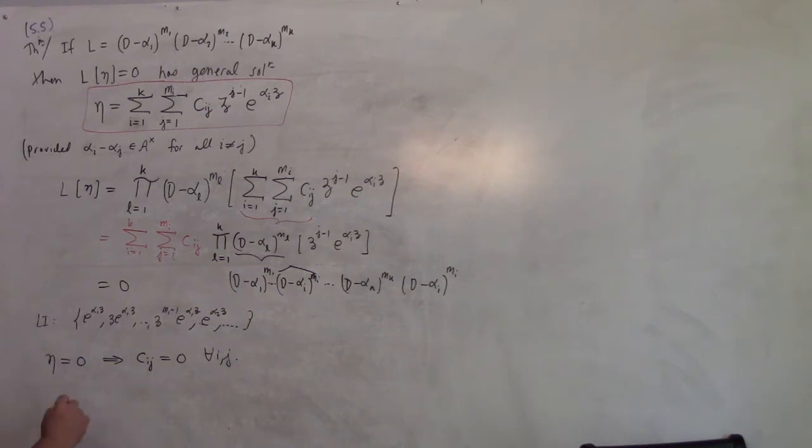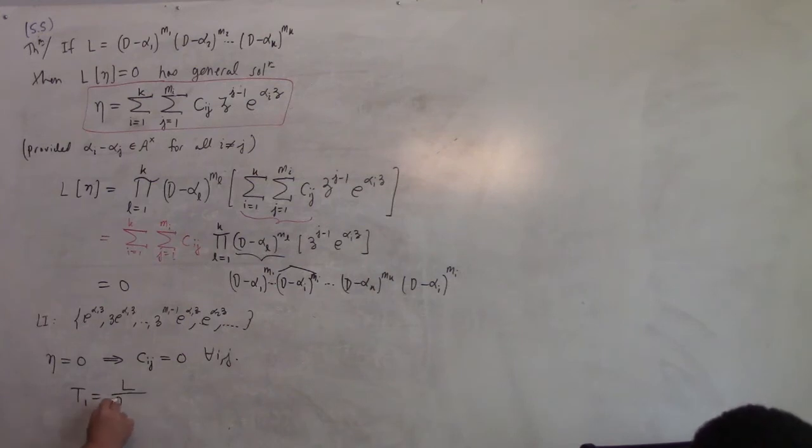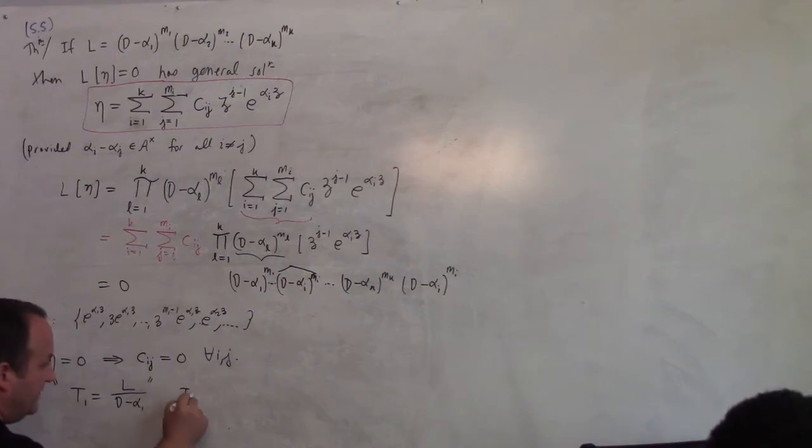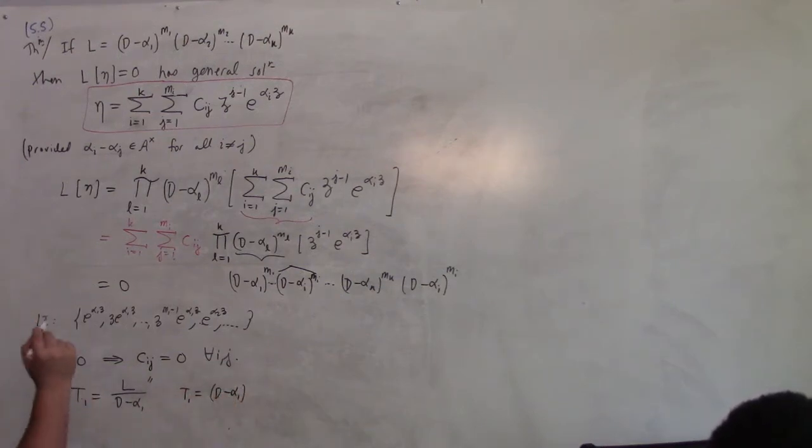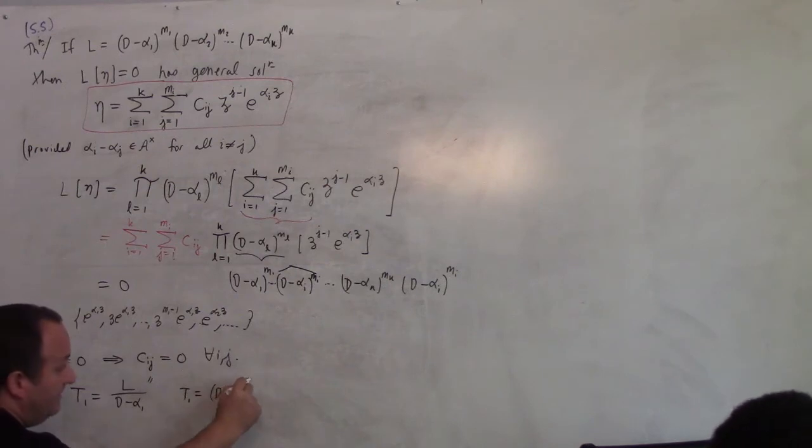So like I said, T1, for example, is "L over D minus alpha 1". I should put some quotes around that. That's just a notation for saying that T1 is D minus alpha 1 to the M1 minus 1, and then everything else is the same.